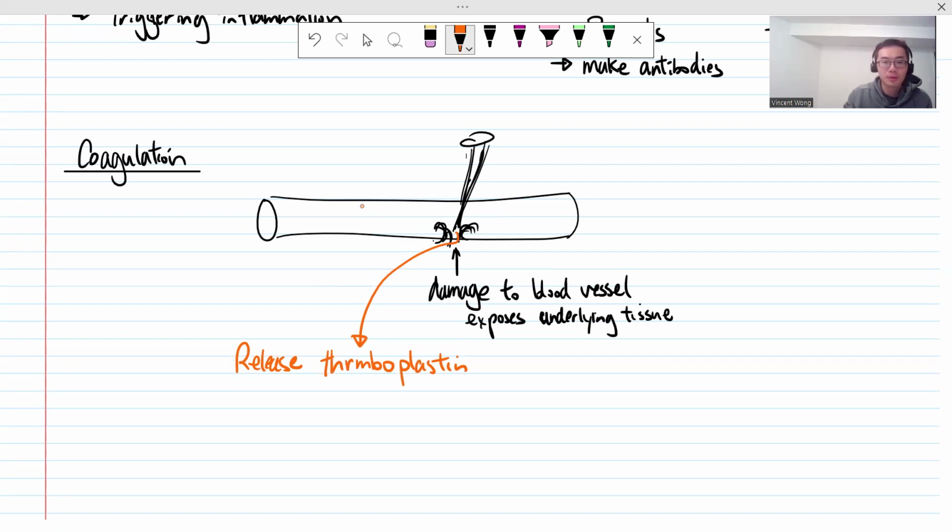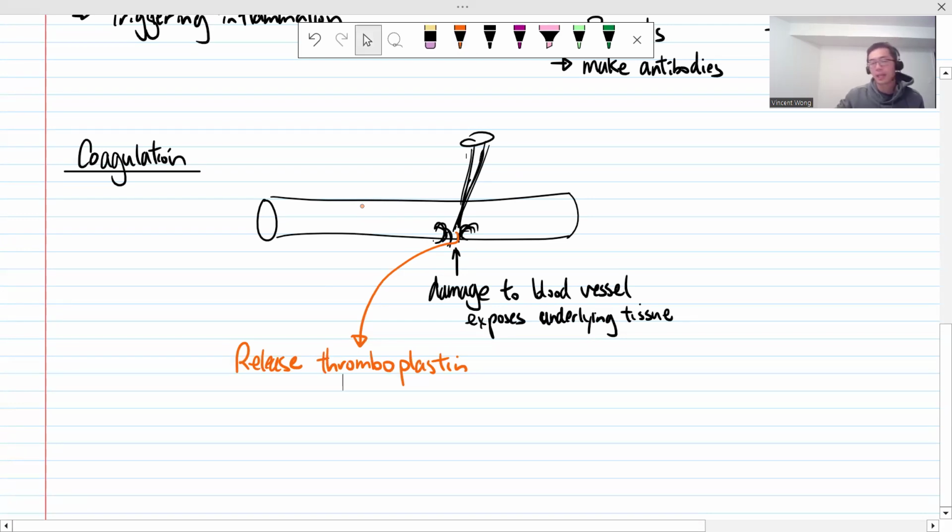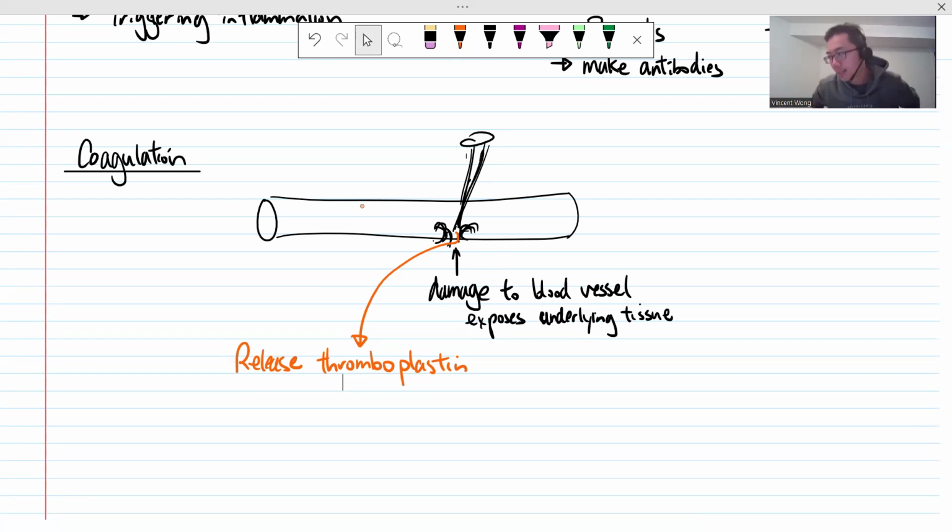Okay, so this thromboplastin is usually nicely hidden away, but it's going to be exposed when you have a cut blood vessel.